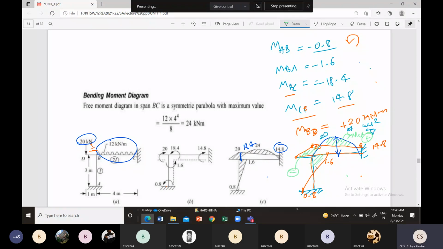This is net negative. Okay. So in this, the maximum of net negative and net positive will be considered for the design of these particular members.